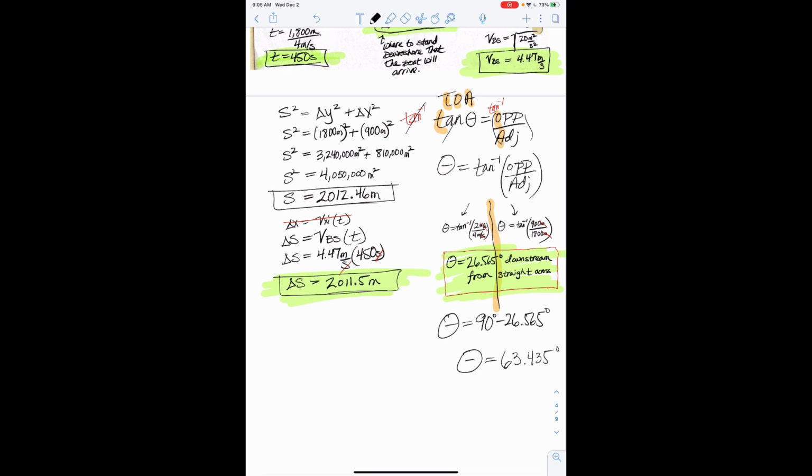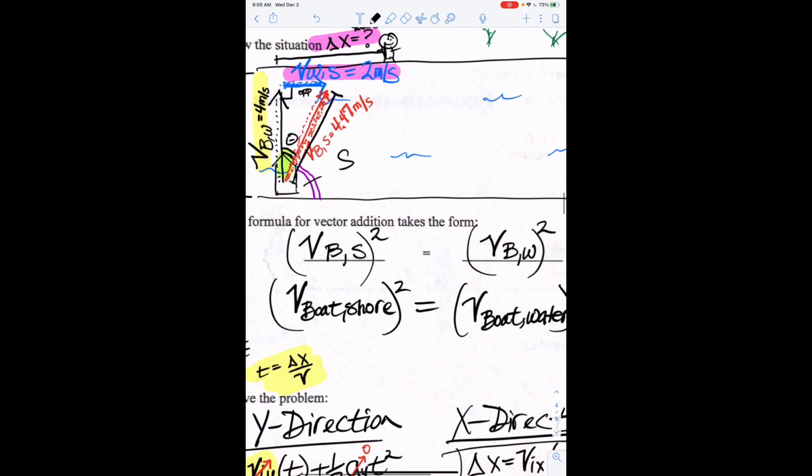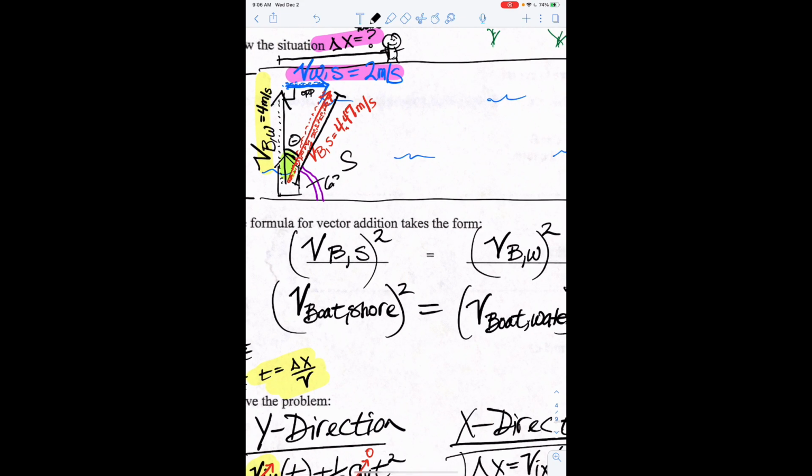That would be up from horizontal, or we'd say up from shore, or from the shore. 63.435 degrees. I'm trying to describe this purple angle, right? 63.435 degrees from shore. I think that would work, right?